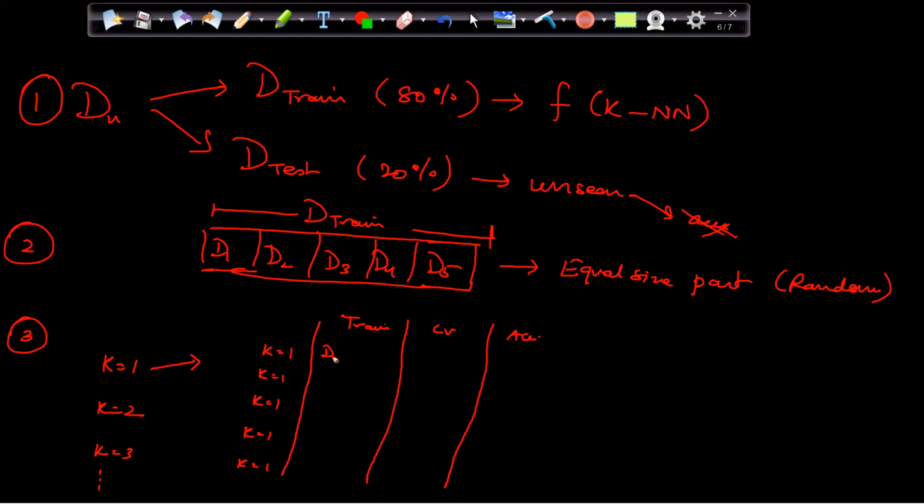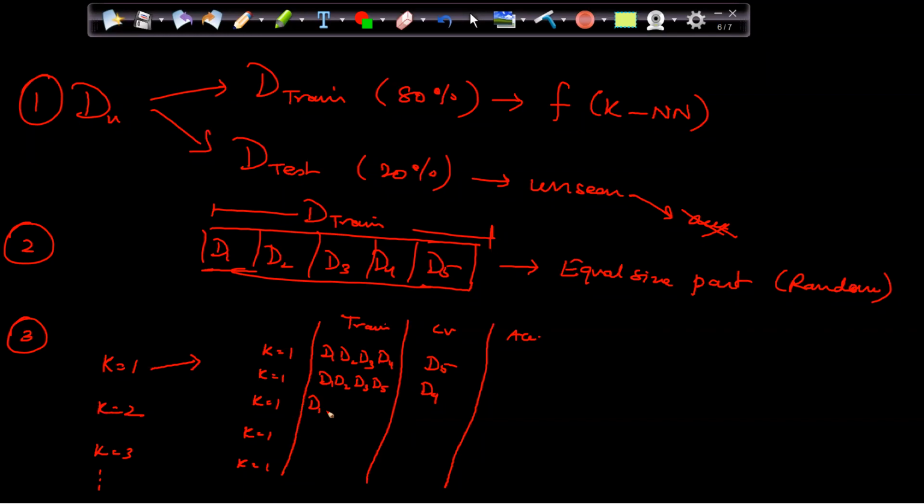My train data will be D1, D2, D3, D4, and my CV data is D5. Then I will have D1, D2, D3, D5 as train and D4 as CV.